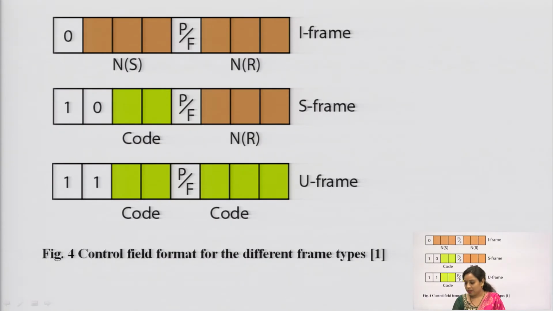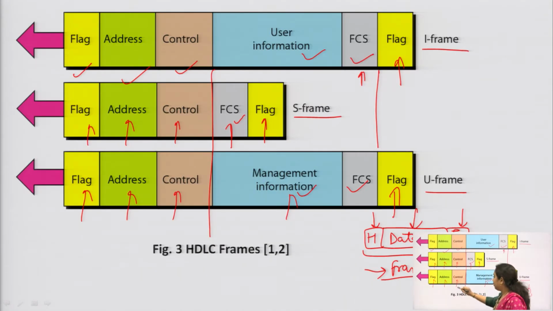Now, next is the control field format for different frame types. What is the control field format? For the different frame types, meaning the I frame, S frame and U frame, if you have seen in the previous slide, a control field is there, which is the third field, and this is different for each frame. It means you do not have to transmit the same control information in the I frame, S frame or the U frame.